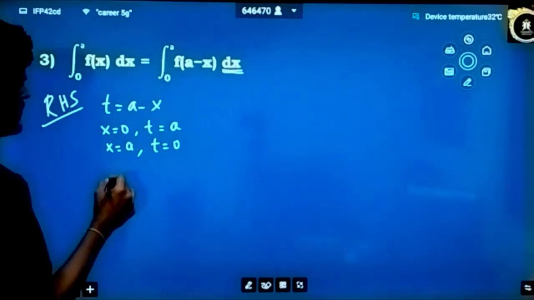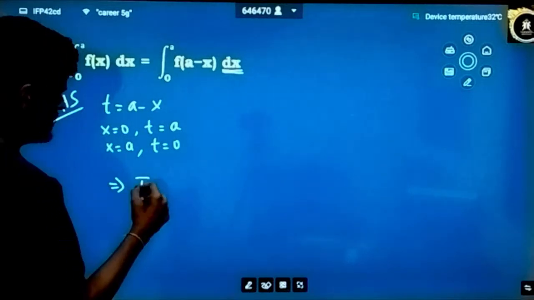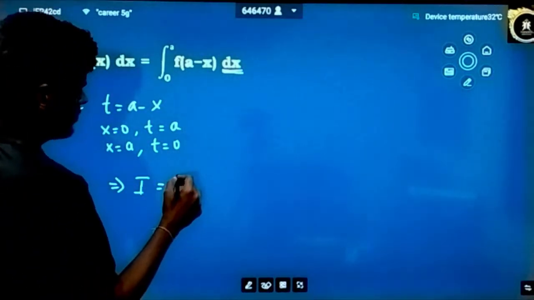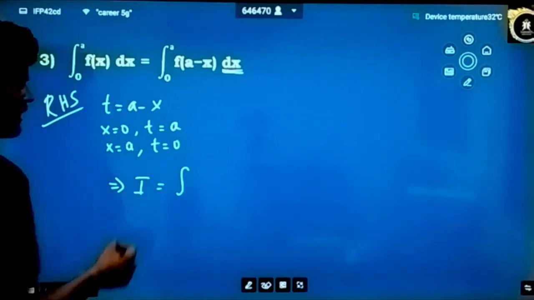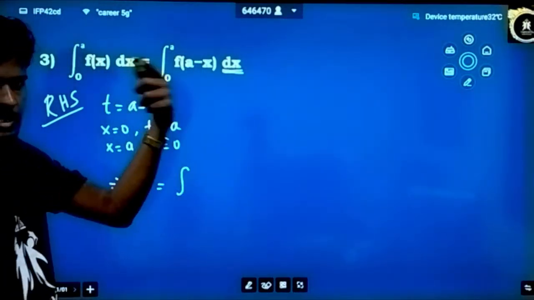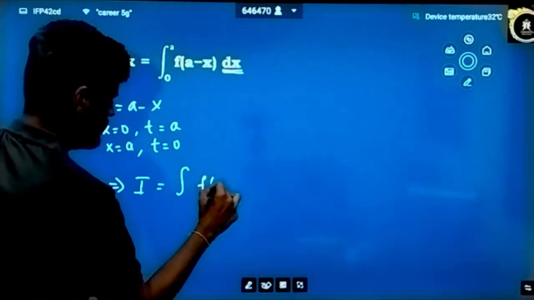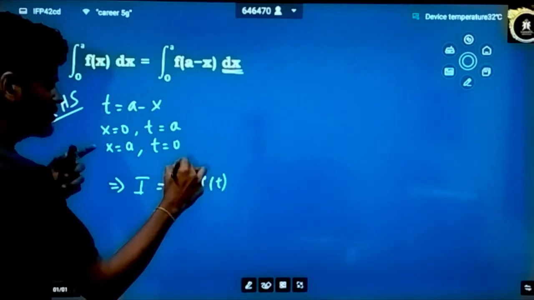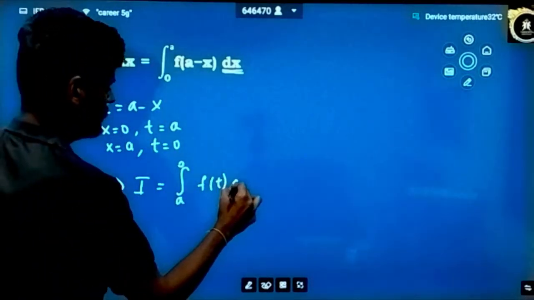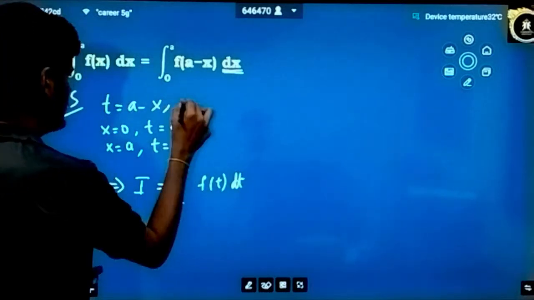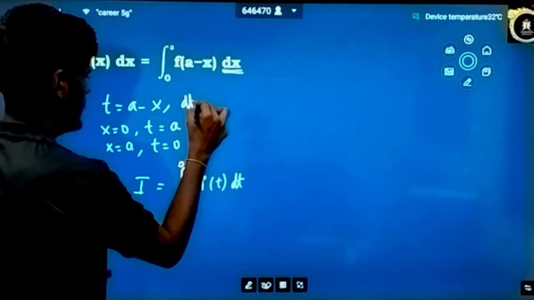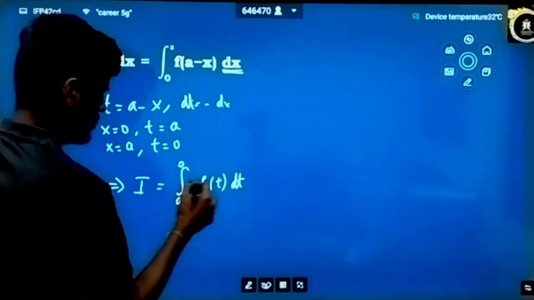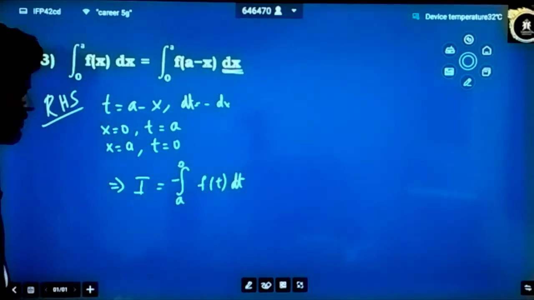Which means we can write the right hand side, let's call this I, as equal to the integral of, converting this A minus x as t, f of t, and what are the limits? A to 0, dt. dt is minus dx, so here we will get minus dt.